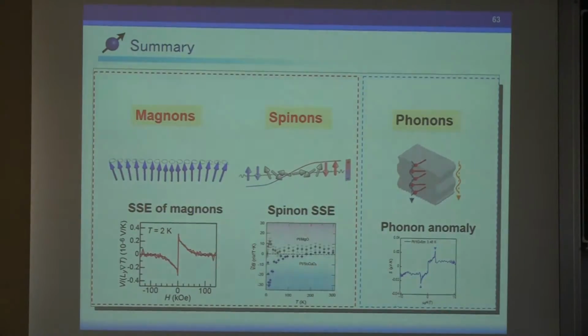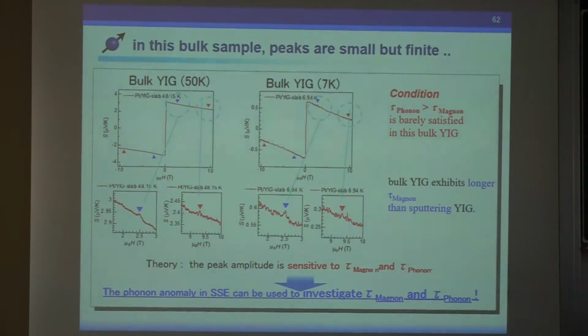Why is the effect so much smaller in bulk compared to, so the largest is in thin film? Maybe due to this condition, the spin wave lifetime is better than in the sputtered YIG. I think the ratio is about 100 times. Maybe in the bulk YIG, the lifetime of the spin wave is much longer than in the sputtered one.